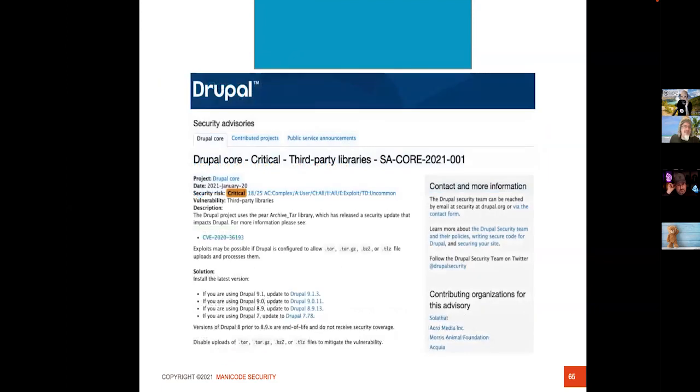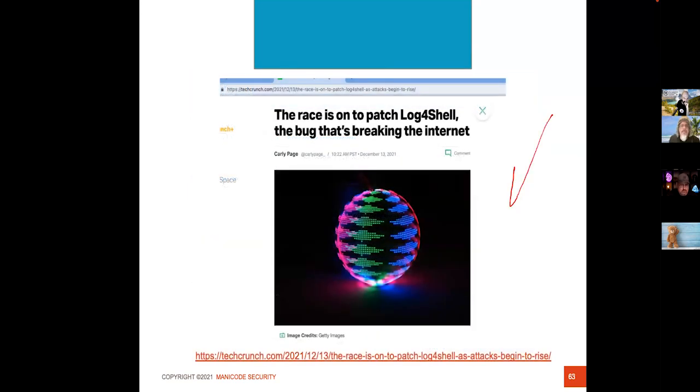Same with Drupal, which had a critical issue with the Archive_Tar library. These are two of the biggest content management systems in the world with third-party library problems. Equifax went down to third-party libraries. The whole world is freaking out right now, with all the major media talking about Log4Shell. This is going to haunt us for years.